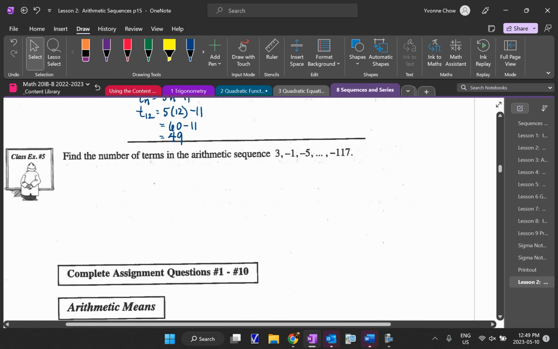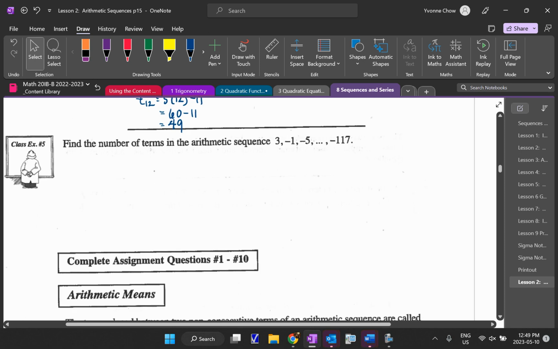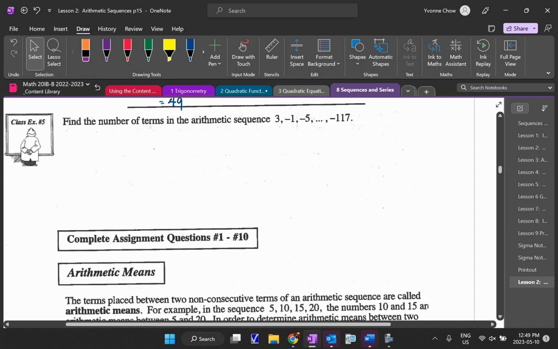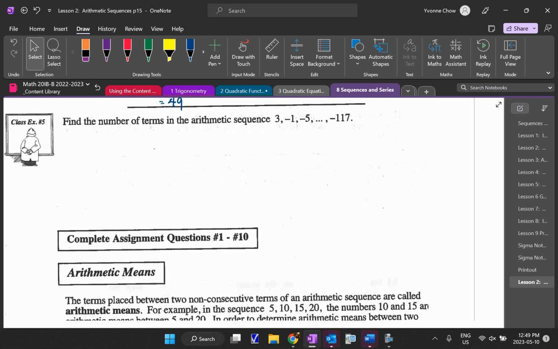Okay, let's take a look at class example number 5. Find the number of terms in the arithmetic sequence 3, -1, -5, and at the end, -117. Again, we know that we're going to use this formula because it is an arithmetic sequence. What have we been told? We know that 3 is our a value. A is equal to 3. Our common difference, it's going down by 4, so we have a common difference of -4.